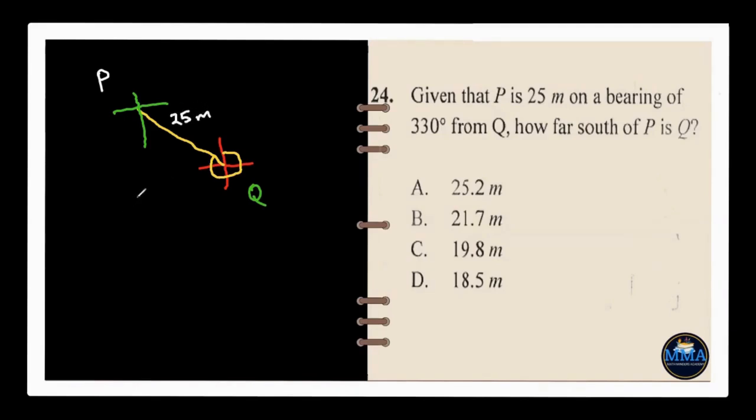And now remember that this is the north of P, and this is the south of P. And then they say how far south of P is Q. So if we move Q this way, we continue to project it towards the south of P. So these two lines will intersect and give us a right angle triangle here.